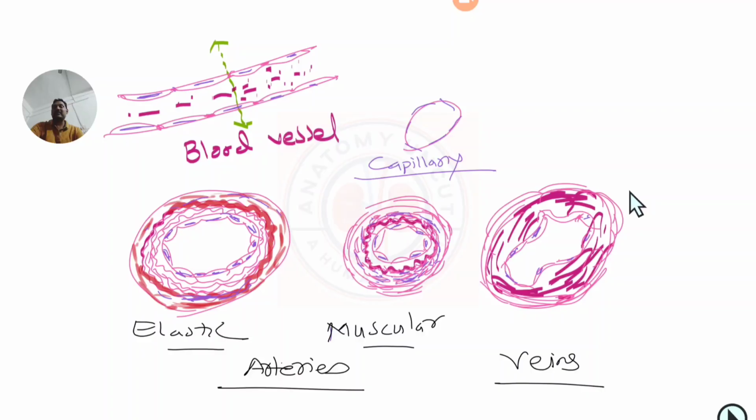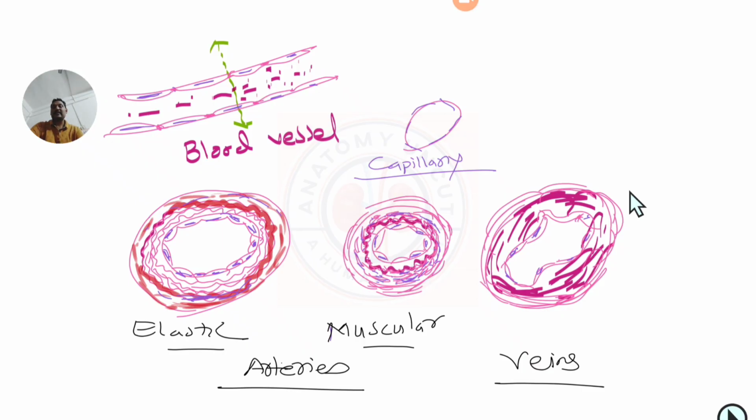So the release of oxygen, exchange of the different materials, and carriage of carbon dioxide to release into the external environment is all possible because of the blood vessels. So blood vessels are very important.